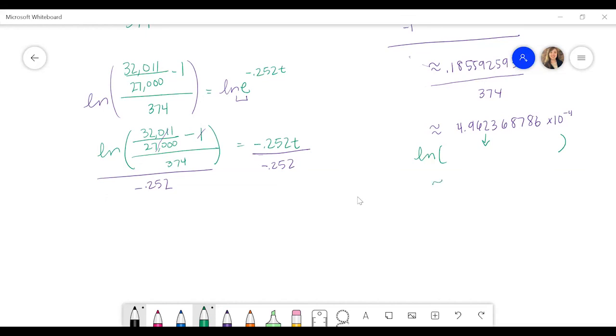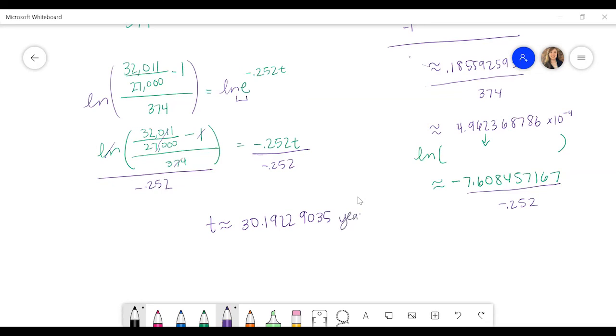So ln of all that is approximately negative 7.608457167 divided by, last step, negative 0.252. Final answer, t is approximately 30.19229035.